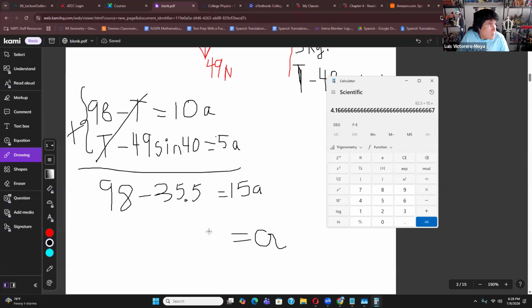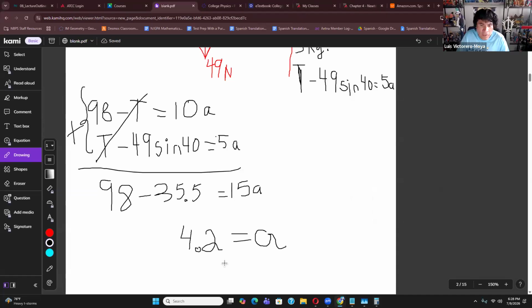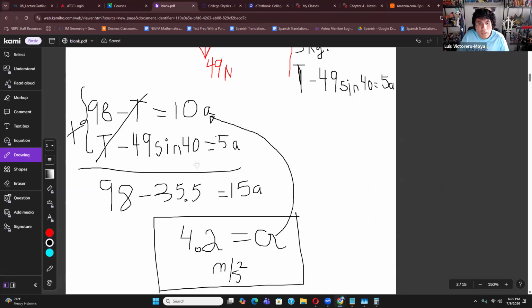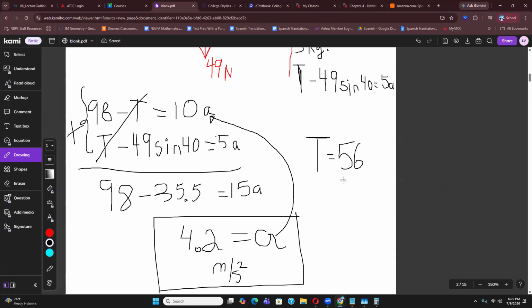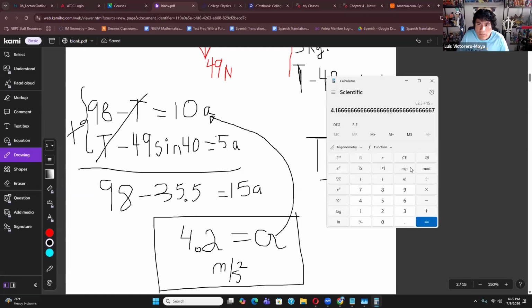More like 4.2 meters per second square. And the tension, if you substitute this in here, that gives you 42. So 56. I get those values. I don't know how you guys did this. I got 53 newtons. Is that wrong? I got 53 too. 53.